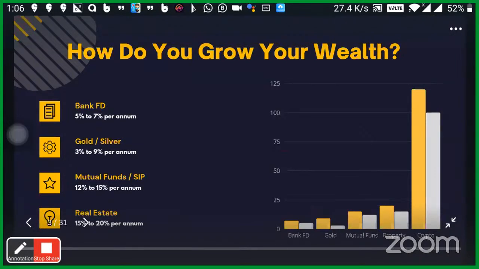The first thing that I just explained to you was about how you earn your income. So if you are on the left side quadrant, you should focus on shifting to the right side and accumulate more and more assets into your portfolio, into your life, so that you can soon become a rich person. So that is about earning.